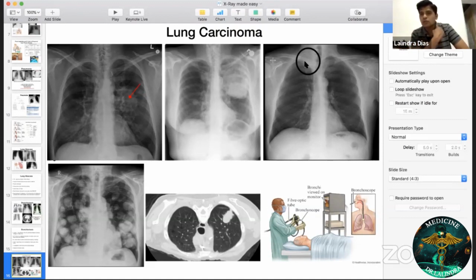Also, due to damage to the medial cord of the brachial plexus, you will get pain along the medial aspect of the arm. This medial cord of the brachial plexus has C8 T1 fibers. So the small muscles of the hand, like the thumb area, the abductor pollicis brevis, and also the dorsal interossei of the hand, will be wasted and there will be weakness on the same side.